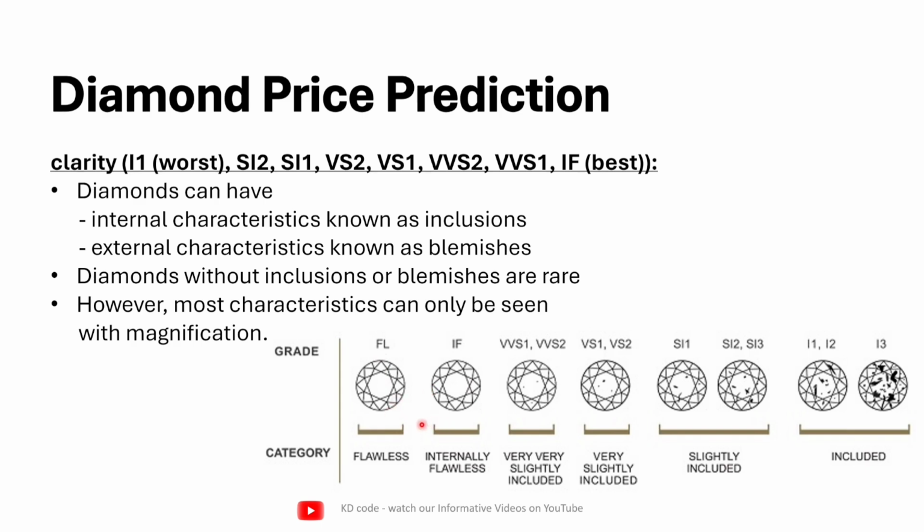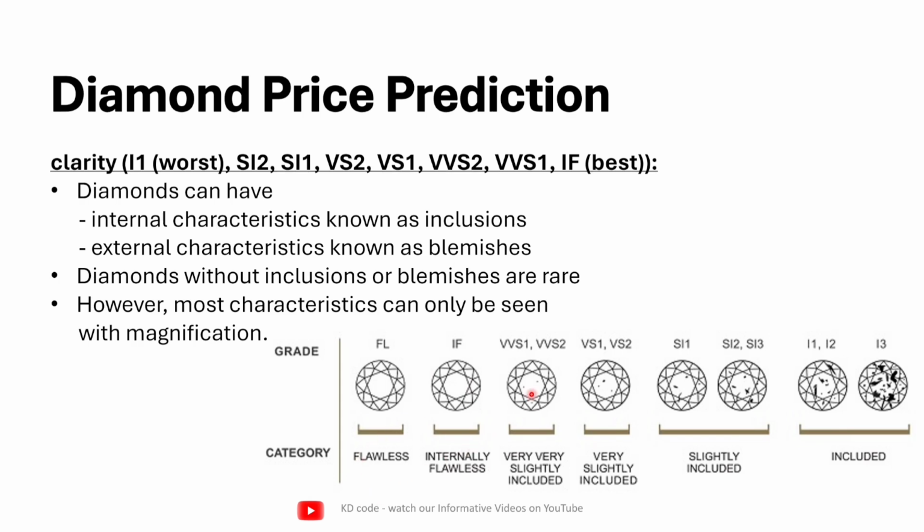If the diamond is crystal clear, it comes under the flawless and internally flawless categories, right? And there are other categories also, like very very slightly included, very slightly included, slightly included, and included. So for included, if you see, it has more unclear transparency. So we are unlikely to buy these diamonds, guys. If the diamond is very clean and clear, we will buy those diamonds, right? Obviously. So that's it for the clarity attribute, guys.